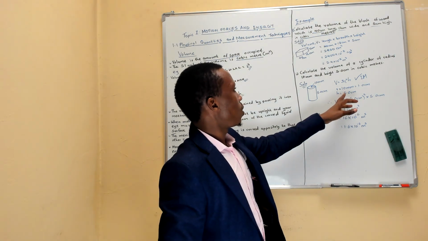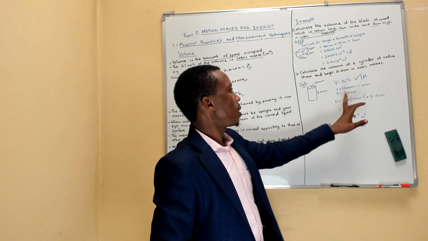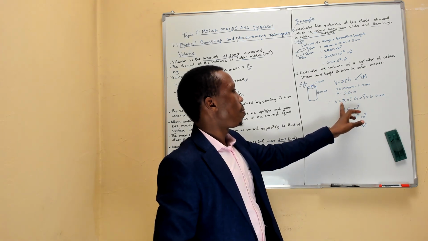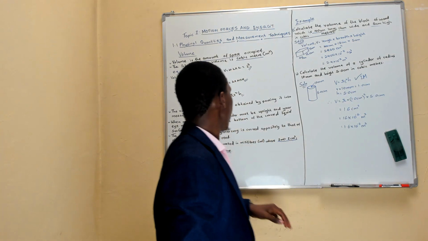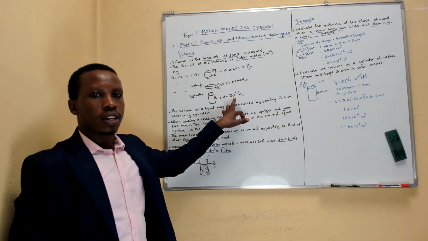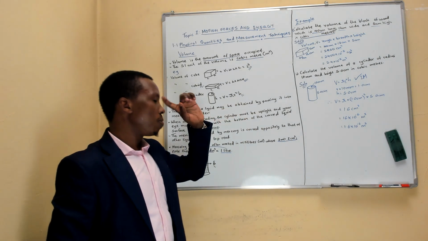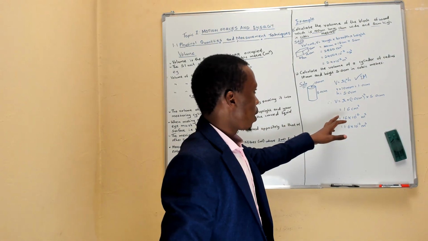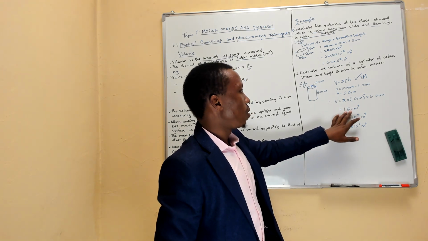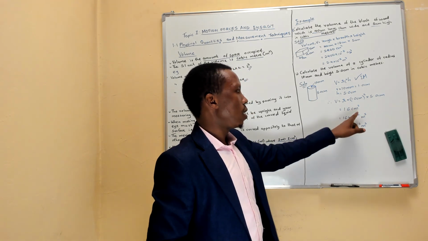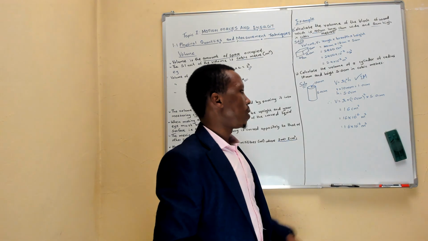Then the height is given to be 5 centimeters. So the volume is pi r squared h, which I had given here. Then you substitute the values, and you'll get the volume to be 16 cubic centimeters.